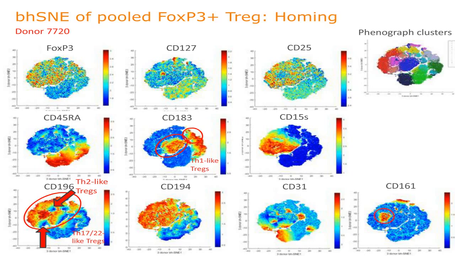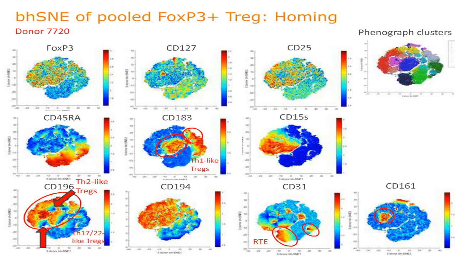And so we also can dig in a little bit deeper and see that our CD161 is very, very distinct in its expression, and again falls within one of the clusters that was identified from our phenograph clustering algorithm. We can also see that we have our recent thymic emigrants.